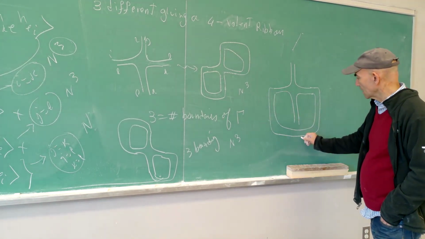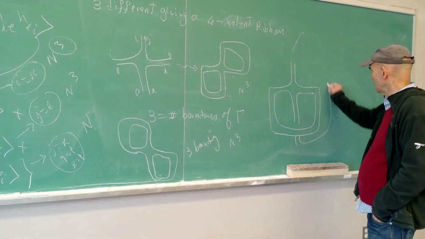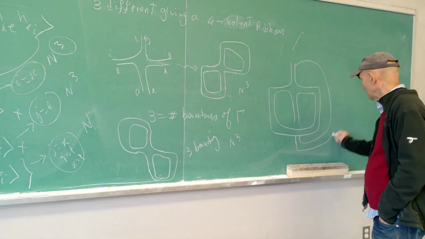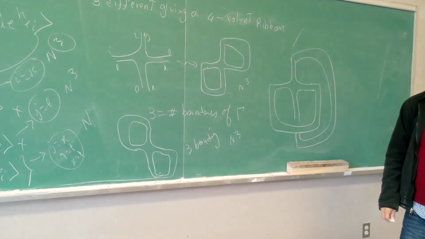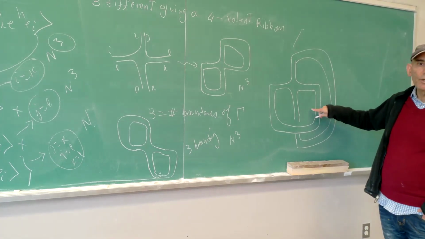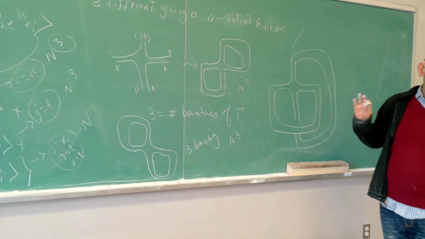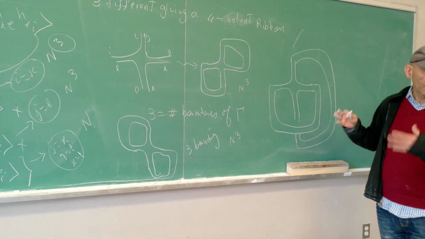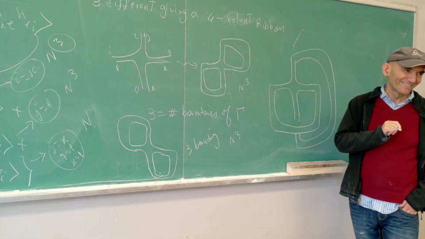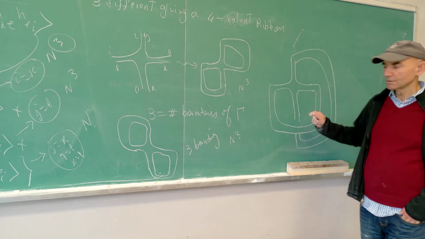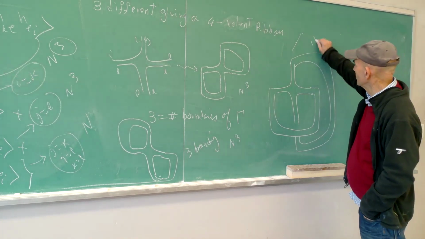And then this has to go under or above. We get this. Now remember, this ribbon cannot be drawn on a sphere because of this crossing. But this can be drawn on a torus. In fact, the thing is a torus. But also notice that there's only one boundary.